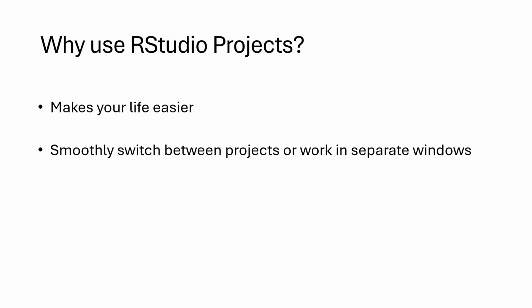It's really helpful if you need to switch between different coding projects, or you can even have different project windows and separate R sessions open at the same time, which can be really handy. It makes it a lot easier to share your code, basically partly because of the way that a project sets up the default working directory, the place where R is reading and writing files.